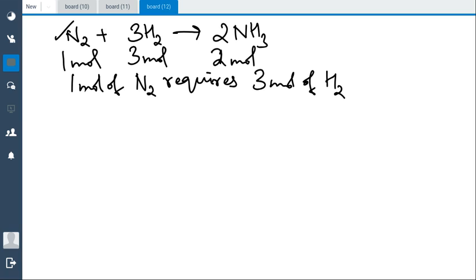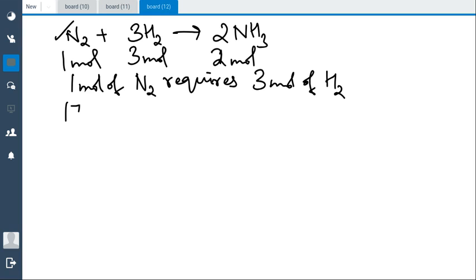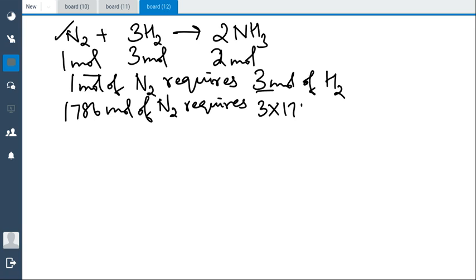So, according to our equation, how much nitrogen is present? 1786 moles of nitrogen. If 1 requires 3, then this amount requires 3 into 1786 moles of hydrogen.